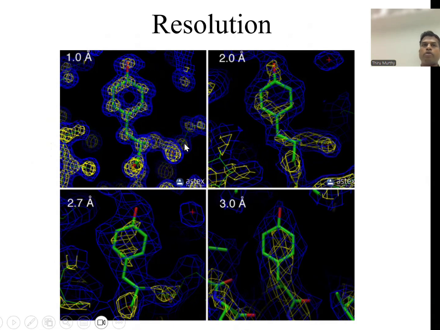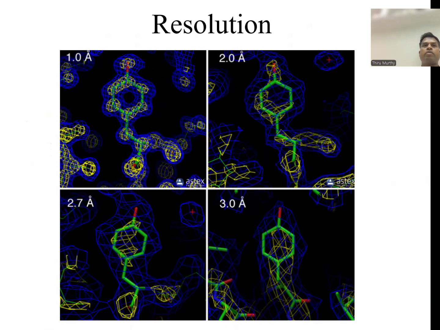For example, suppose we take a protein called JAK2. Many structures of the JAK2 protein have been solved. Suppose we take three or four different JAK2 structures, which have resolutions of 1.0 Angstrom, 2.0 Angstrom, 2.7 Angstrom, and 3.0 Angstrom, all solved by X-ray crystallography.